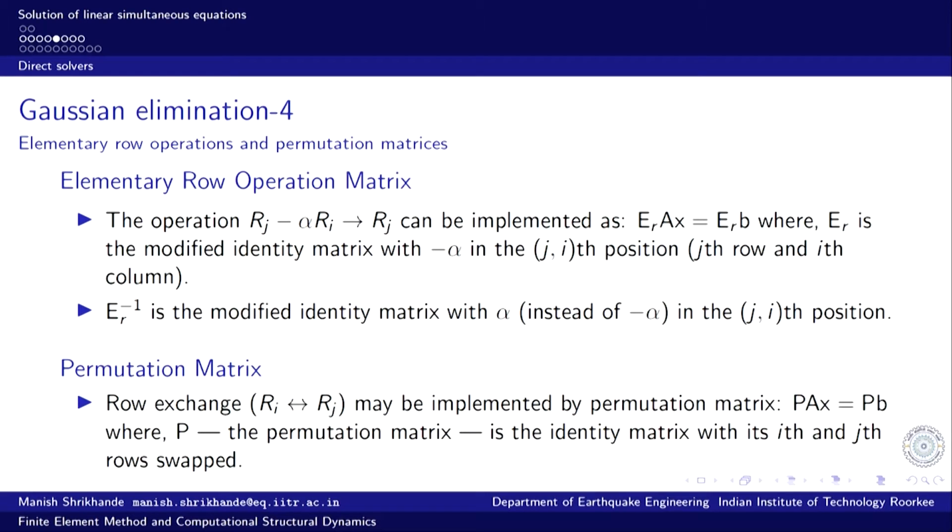So, row exchange can be implemented by a permutation matrix, and that is just the interchange of the rows of the identity matrix. And the elementary row operation is done by using a scaled version, I mean a linear combination of two rows. So, that is done by replacing the identity matrix coefficient in the jth ith position by minus alpha, and then multiplying.